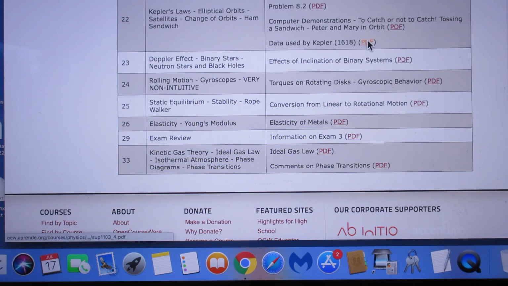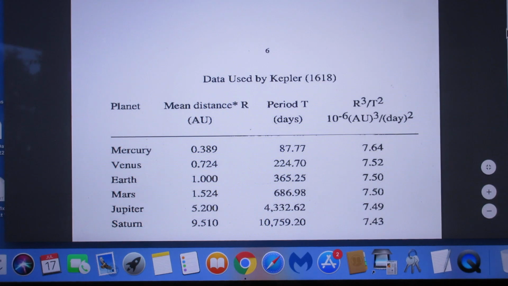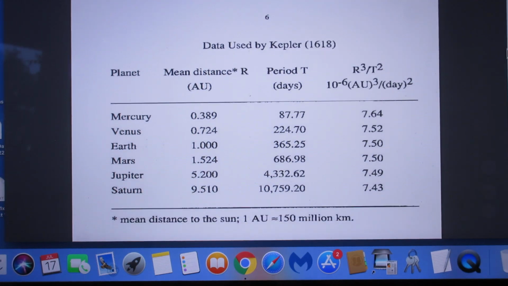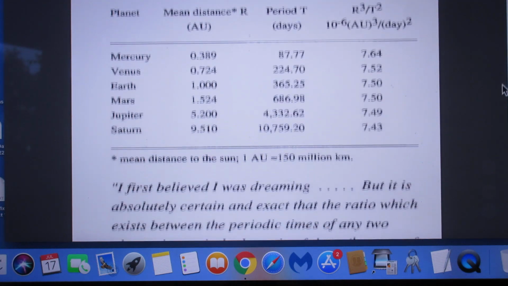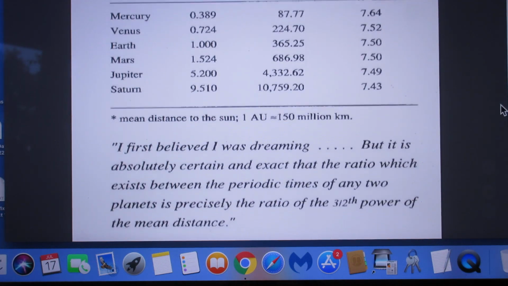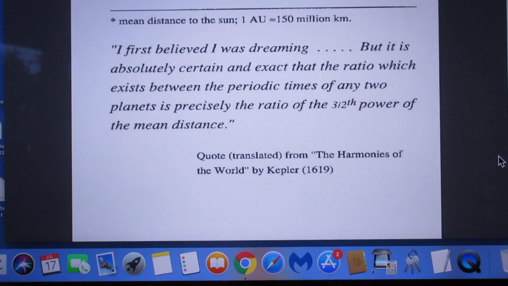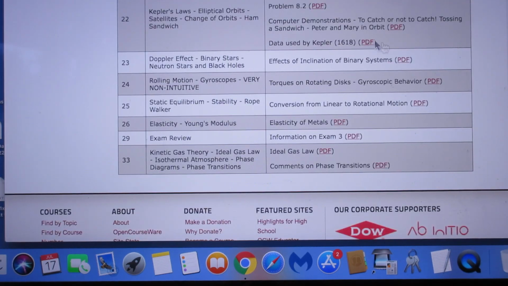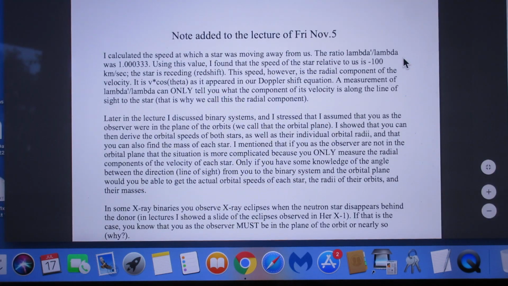These are the data that were used by Kepler. And that I showed as an overhead during the lectures. Lecture 23, Doppler effects of inclination of binary systems.